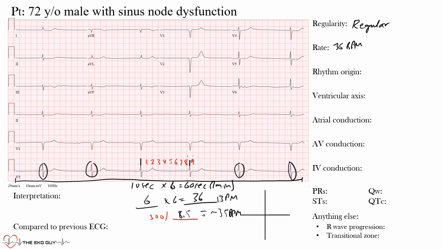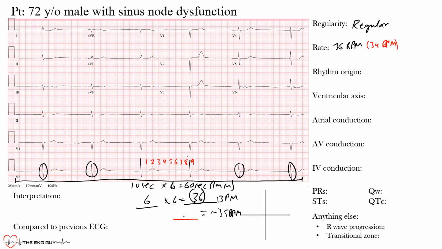It was like 35.2 or 35.3 when I calculated it earlier. So that's an estimate of the rate there, and as you can see, close to our 36. Now the actual rate that the machine gave us here was 34 beats per minute. So as you can see, quite close, 34 beats per minute there.